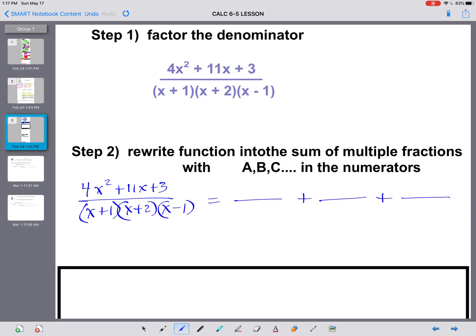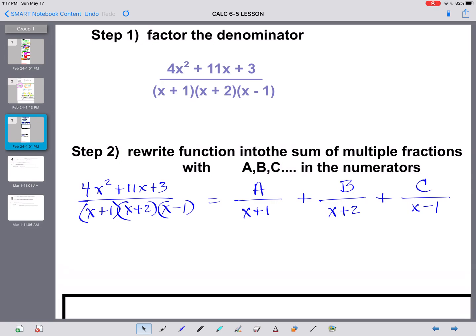The first one, A over the first factor, x plus 1. B over the second factor, x plus 2. C over the third factor, x minus 1. There it is. Now, what's our next step on doing partial fractions?